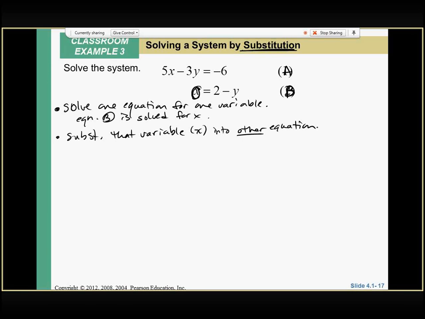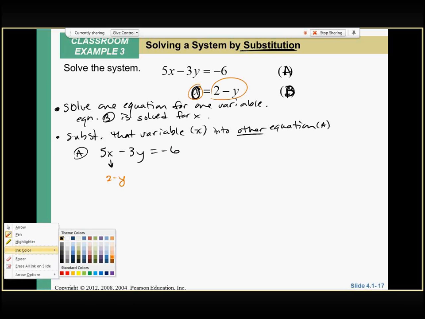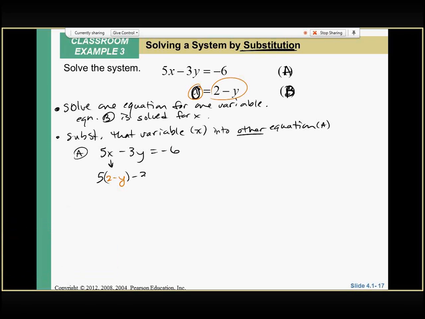So it has to be into the other equation, and for us, that would be equation A. So in equation A, instead of 5x minus 3y equals negative 6, I'm now going to substitute in what I just found, x is equal to 2 minus y. So I have 5 times the quantity 2 minus y, minus 3y equals negative 6.